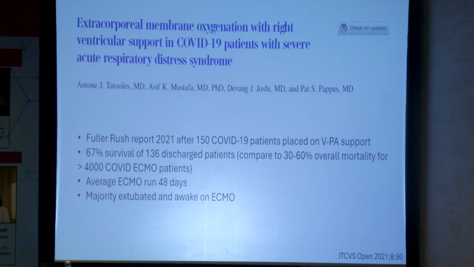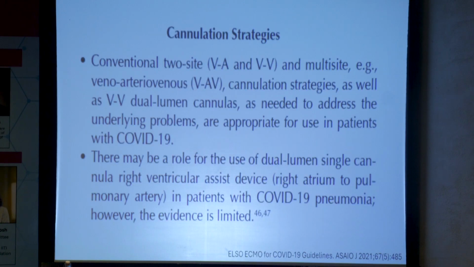They were running patients for 48 days, so getting into well over a month, with the majority being extubated and awake during that trial. And enough to have in the ELSO COVID guidelines a note: there may be a role for the use of dual-lumen single cannula right ventricle assist device in patients with COVID pneumonia. However, the evidence is limited.